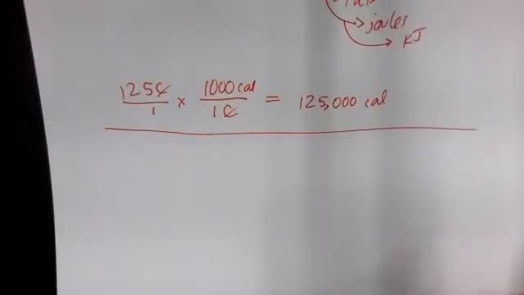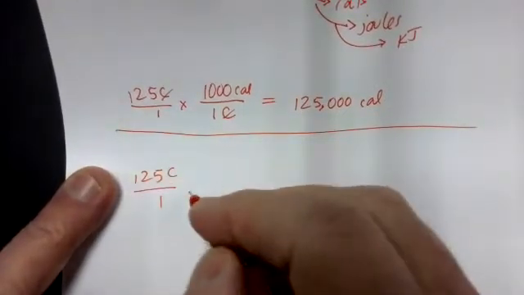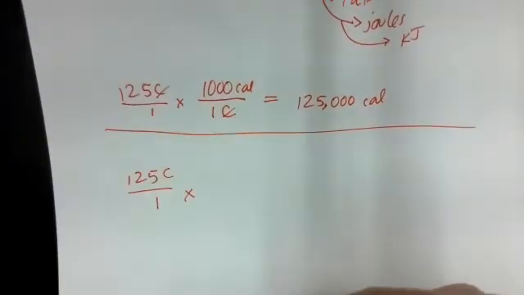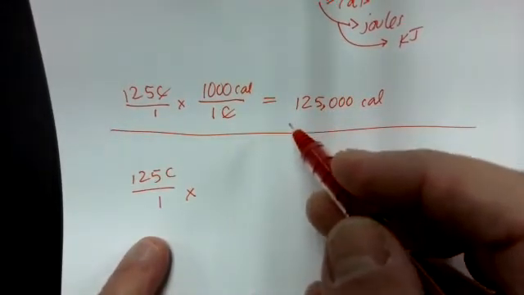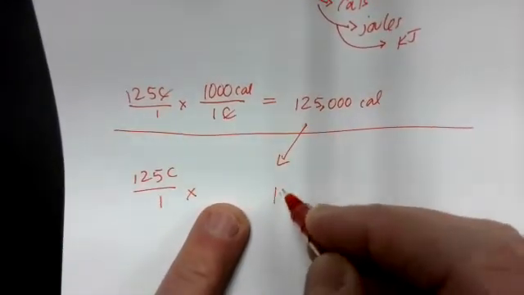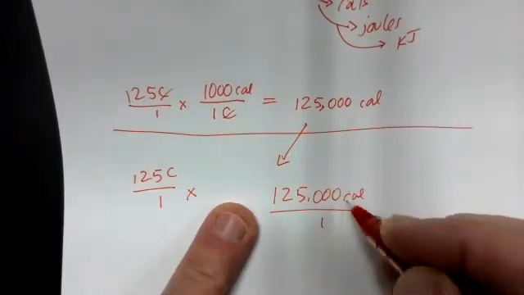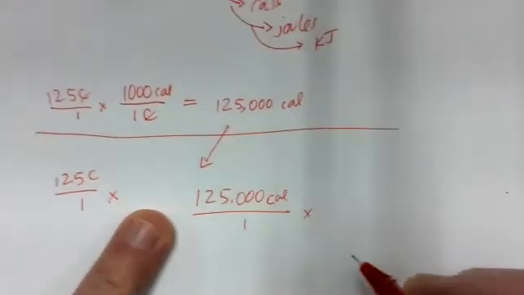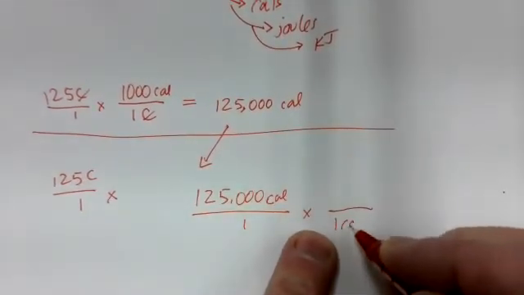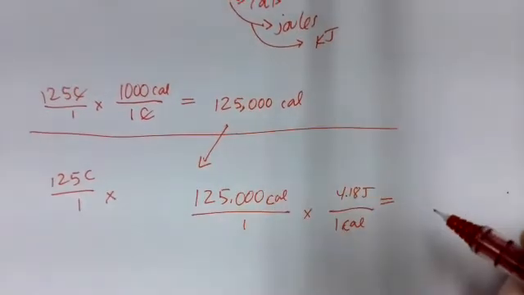The next problem, we're going to take the same starting point, 125 food calories, and convert that into joules. Now, we just figured this out, so we're going to actually use this number instead: 125,000 cals. And we remember that each cal is 4.18 joules.